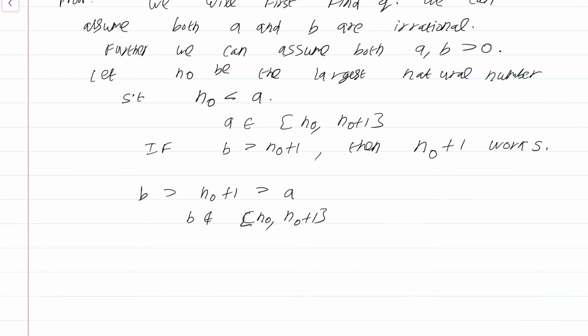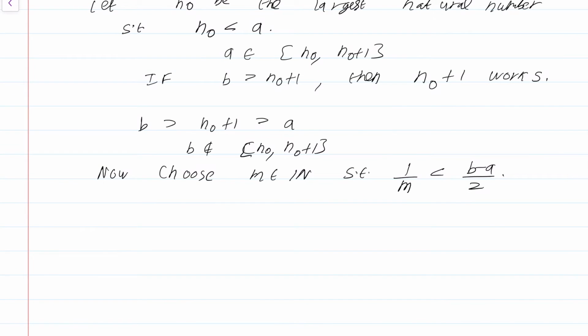Now choose m in the natural numbers such that 1 by m is less than (b minus a) by 2.